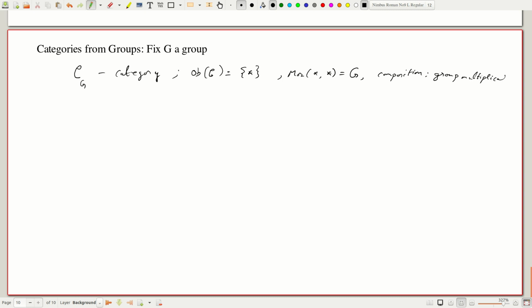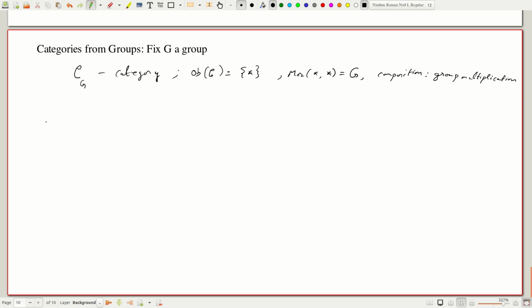So we have objects, we have morphisms, and we have a composition, and it's easy to say there's an identity, namely the identity of the group, and this is a category. It's good to see this example because one tends to think of morphisms in categories as maps in some sense, but you have to realize they need not be maps. It's a completely abstract structure which has to have some internal consistency.